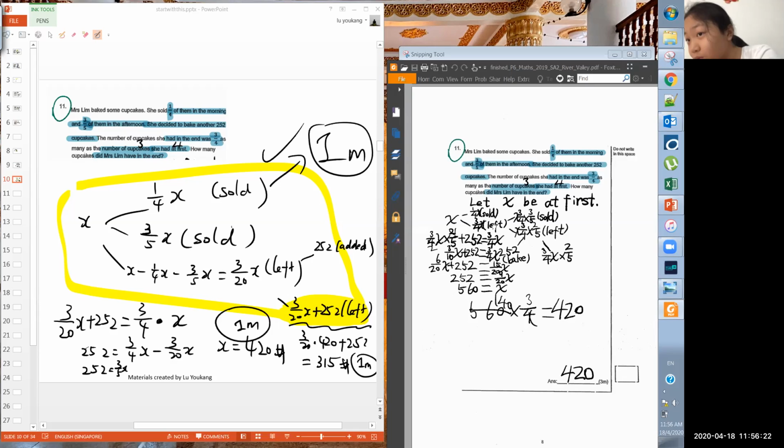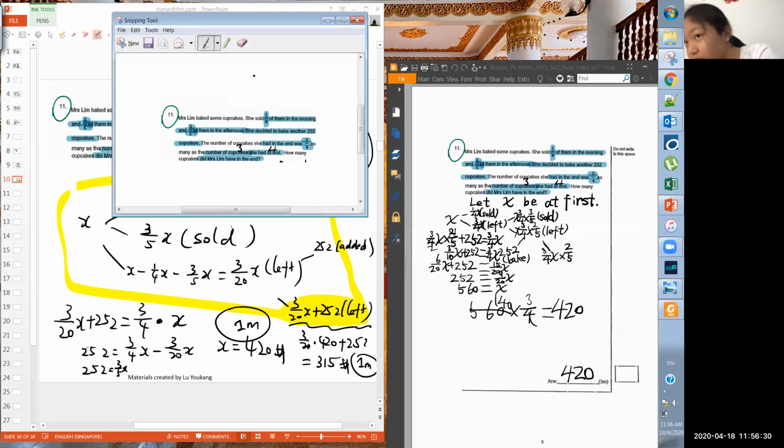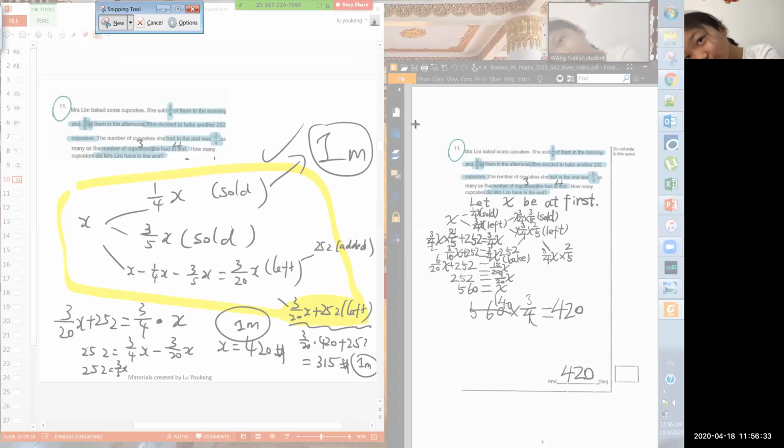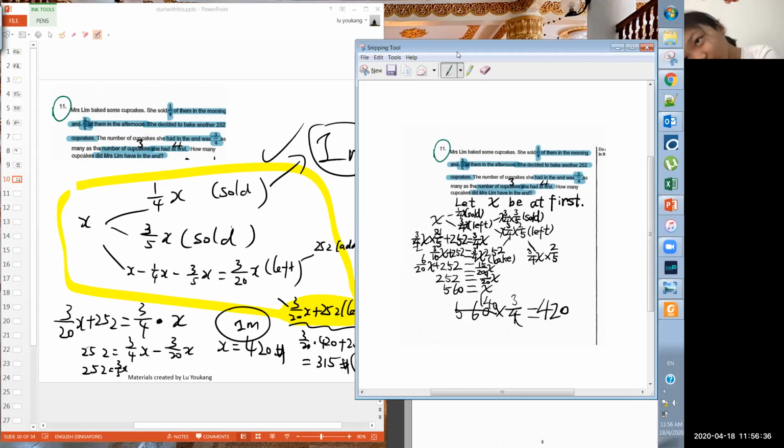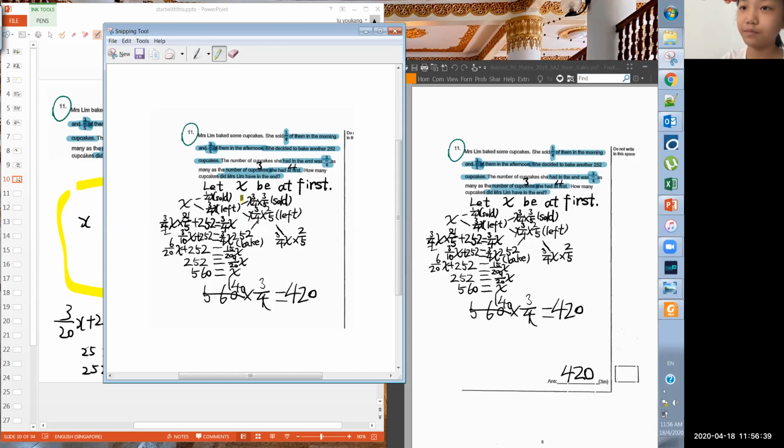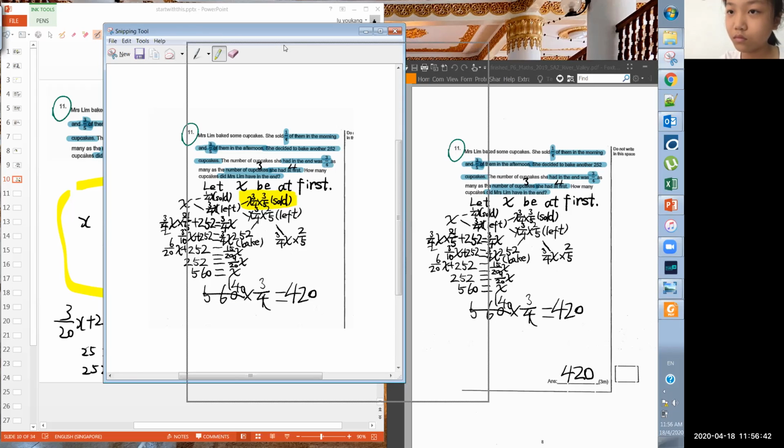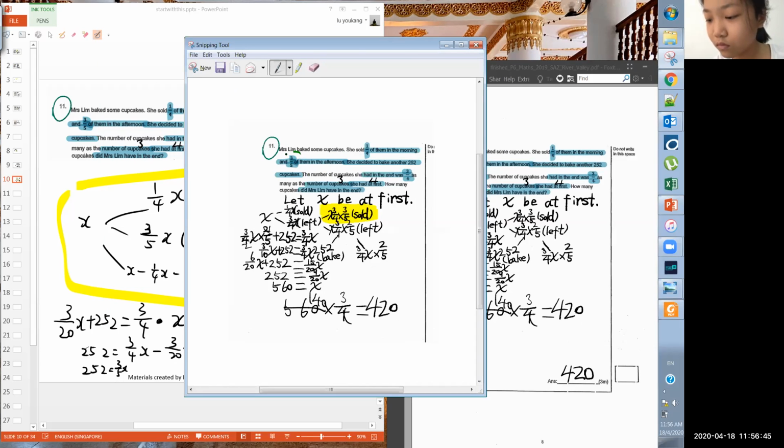Oh, yes, it's here. But by the way, you make a mistake here. You know what's your mistake? Your mistake is here. The question says 3/5 of them. 3/5 of them means them is X. You are taking this because you are thinking they say 3/5 of the remaining.